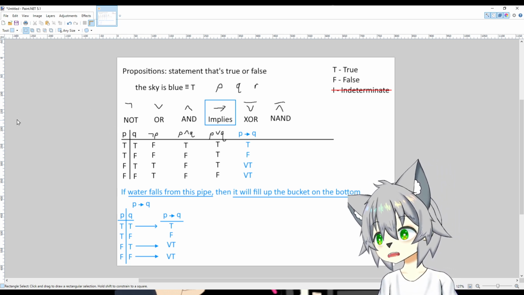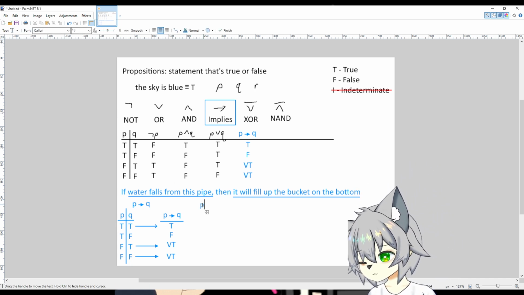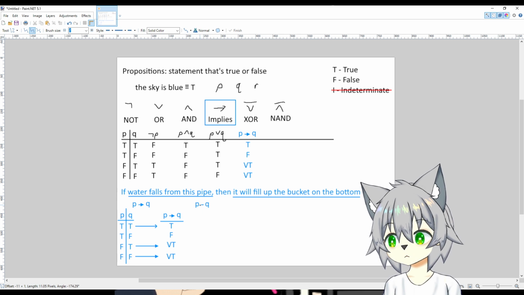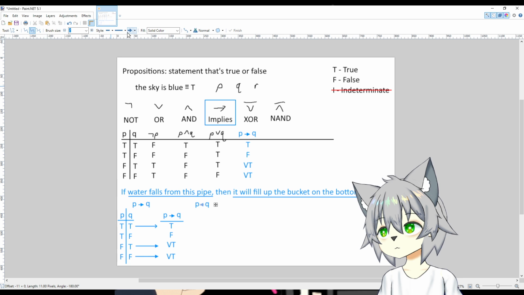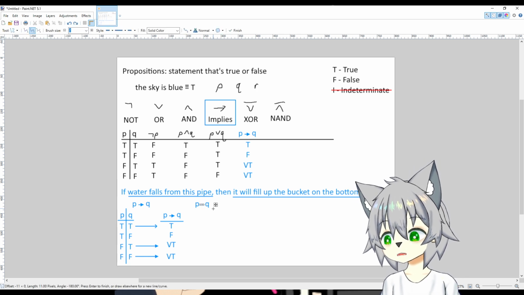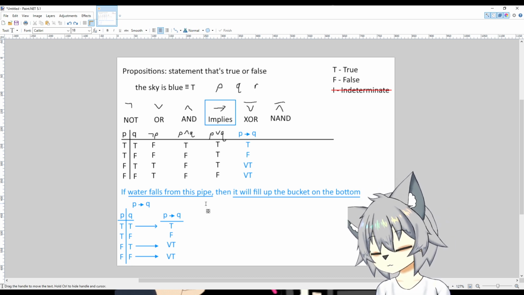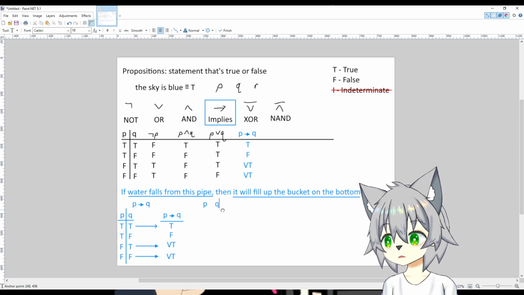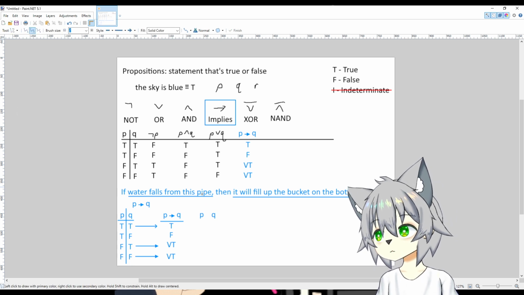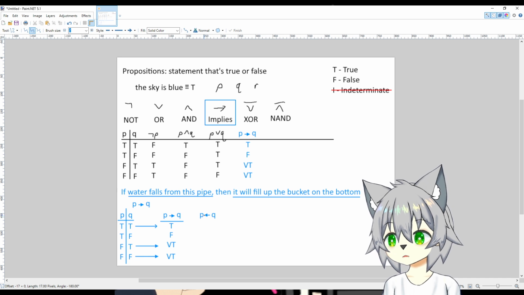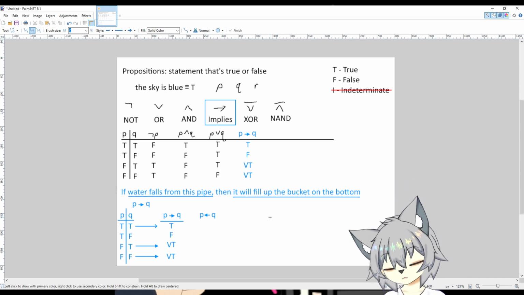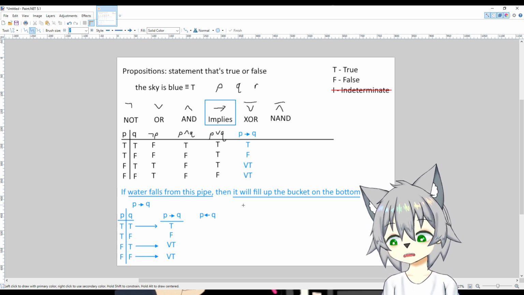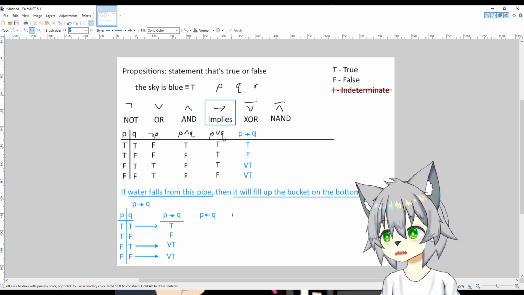There is also the biconditional, where we write P and Q. This is a bit short for what it's worth. The reverse is basically the same thing as Q implies P, but you can also write it with a backwards arrow for your convenience's sake.